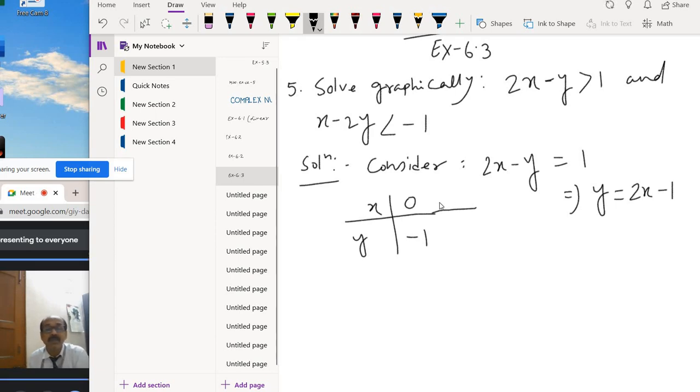Now another point. Take x equal to 1. So if x is 1, 2 into 1, 2, then 2 minus 1, y is 1.